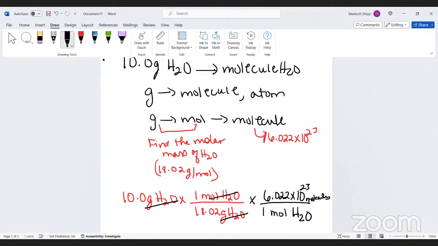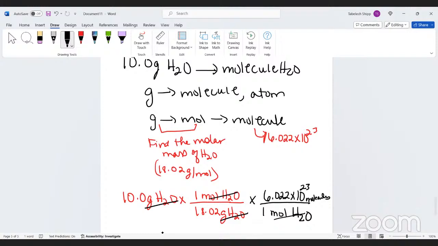So that you all can see this in real time, we're going to do this together. You've got 10.0 grams times 6.022 times 10 to the 23rd, and then divide that by 18.02. And we get 3.34 times 10 to the 23rd.